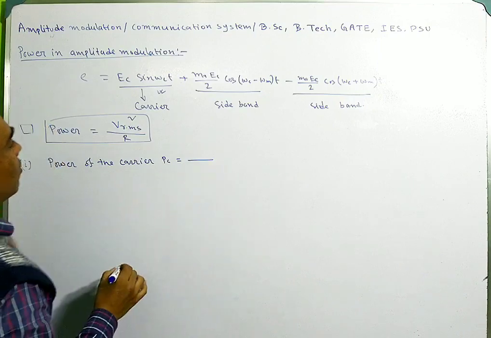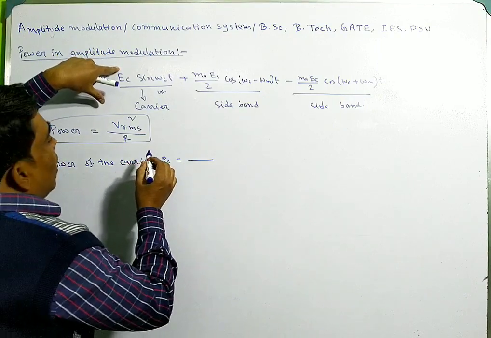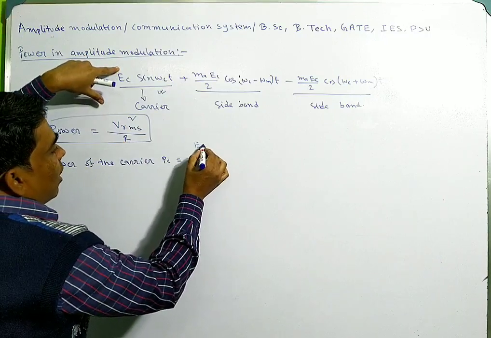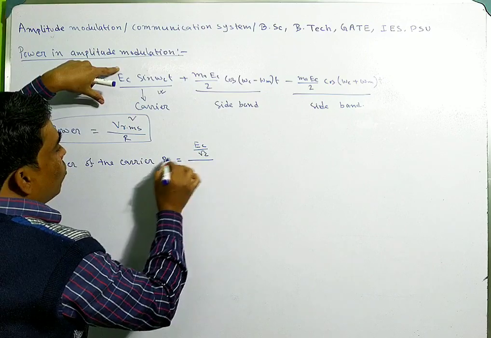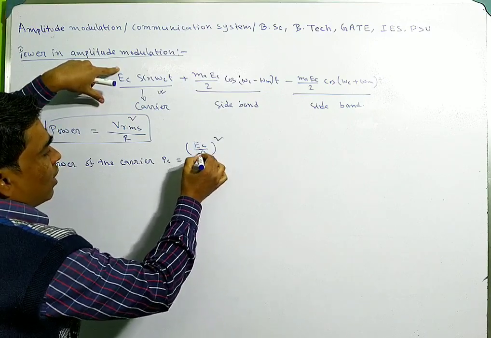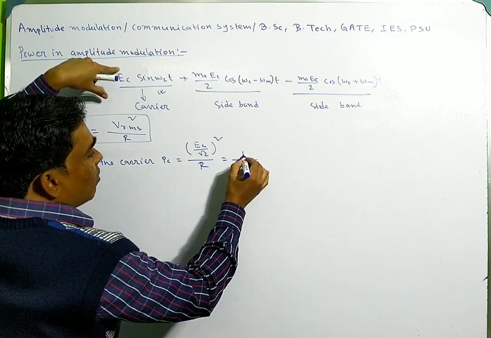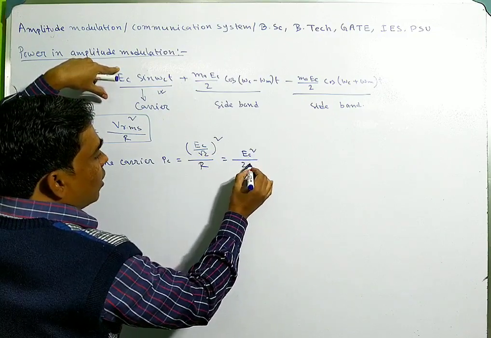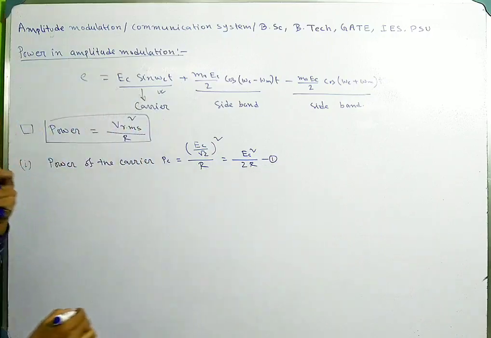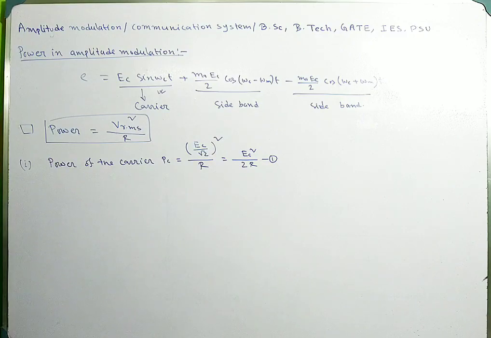This is the amplitude, so if I convert it into Vrms, it will be amplitude divided by root 2, squared, and this is the Vrms, divided by R. So it can be written as Ec squared divided by 2R. This is the power of the carrier in amplitude modulation.